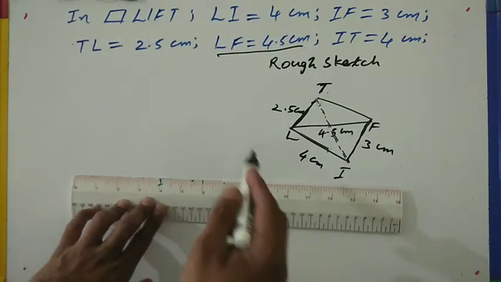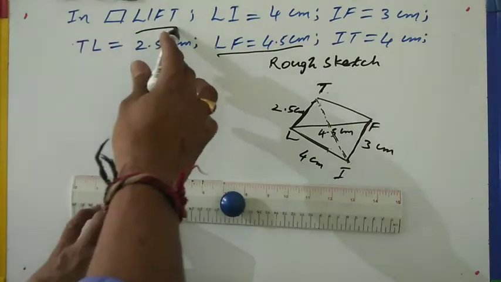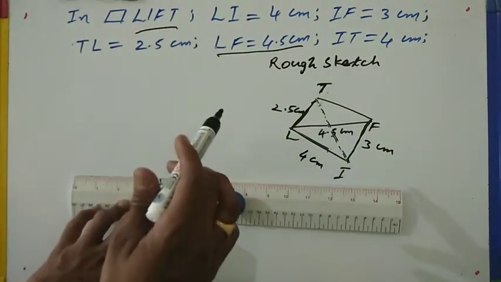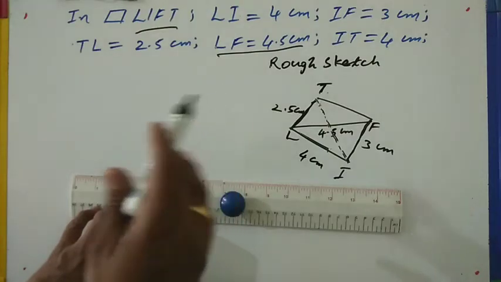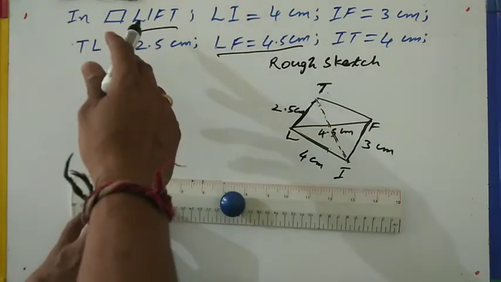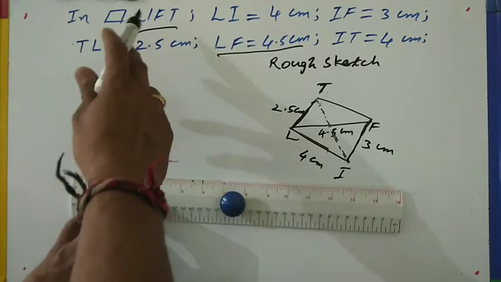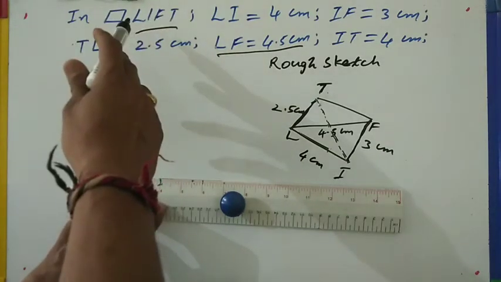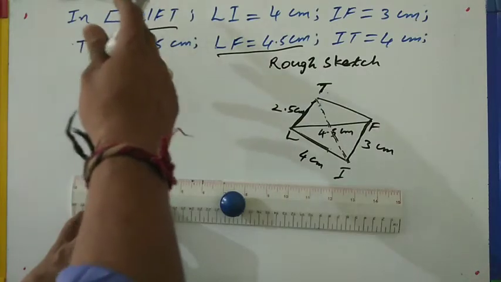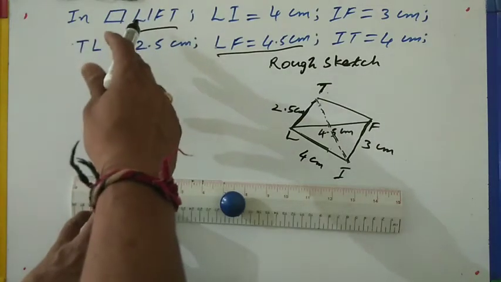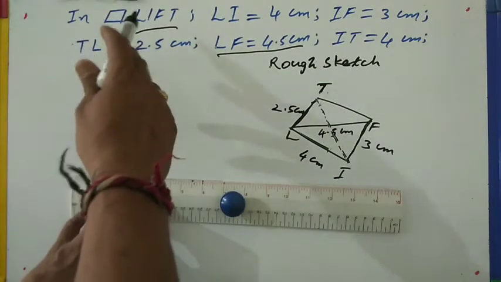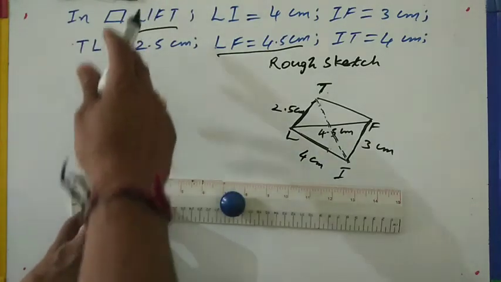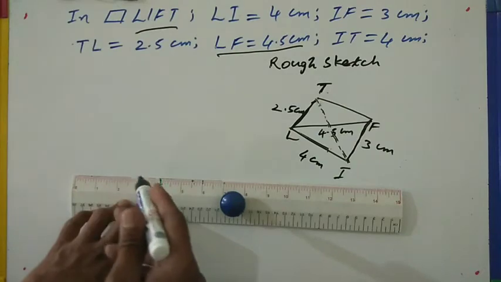In the given letter order, alternate letters will provide diagonals, continuous letters will provide sides. LI is a side, IF is a side, FT is a side, TL is a side. But LF alternate letters diagonal will be represented by them. LF is one diagonal, IT is another diagonal.